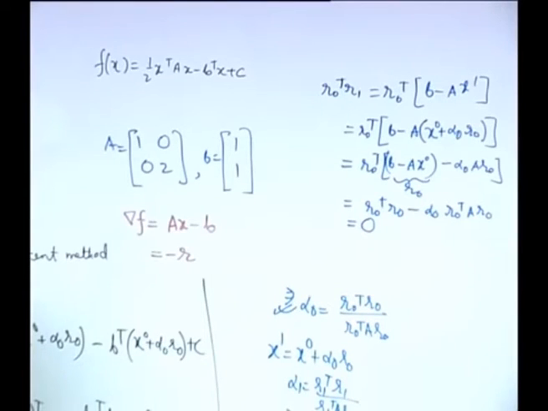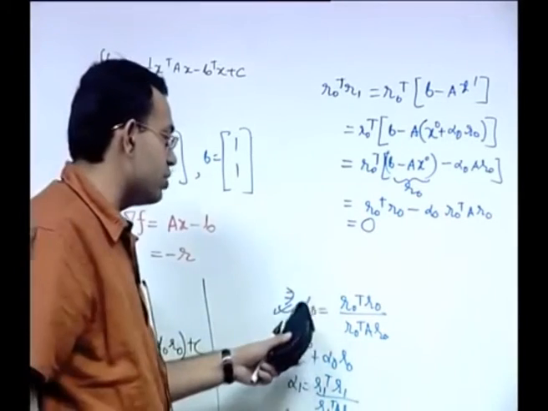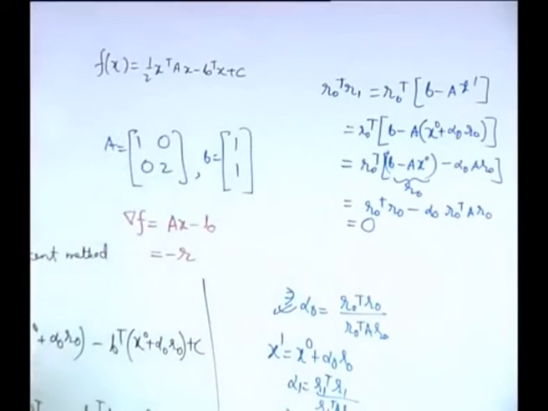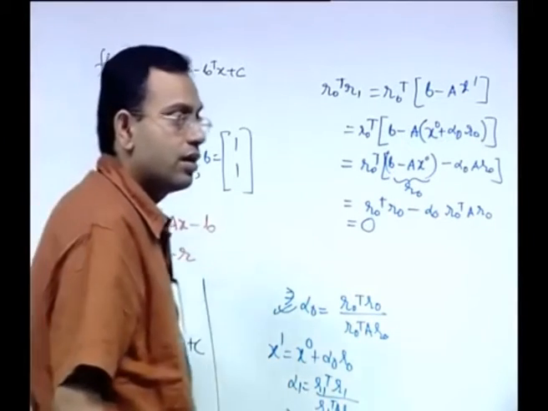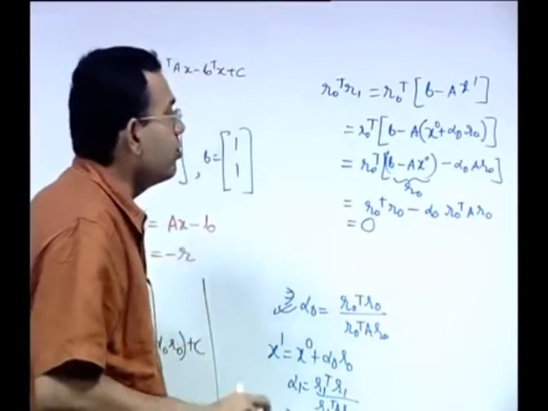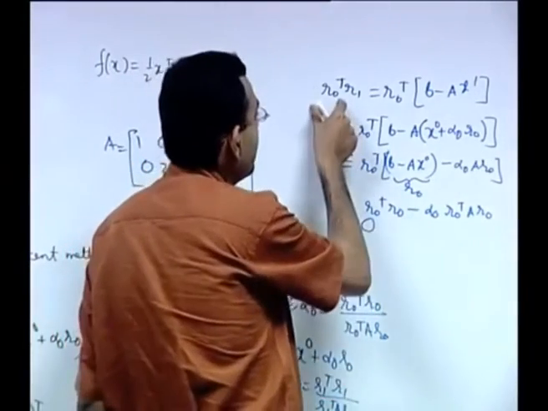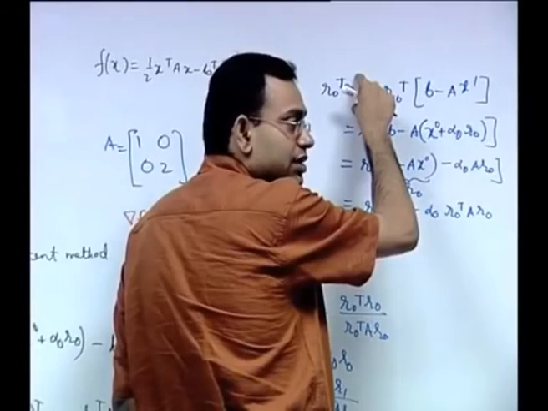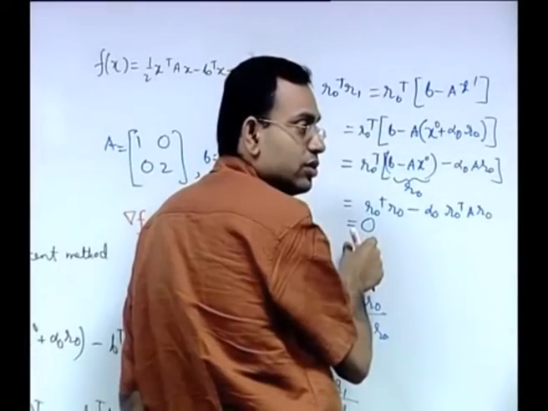Okay. So R0 transpose R0 is equal to alpha 0 into R0 transpose A R0. So what does it show? R0 transpose R1 is 0. That means if you multiply the elements of R0 with the corresponding elements of R1, both are vectors, you get the result 0.